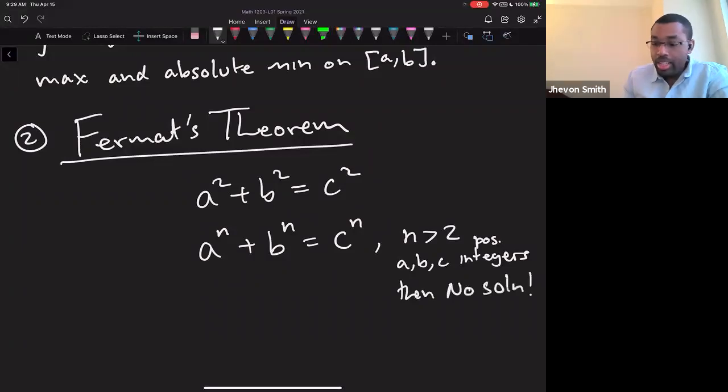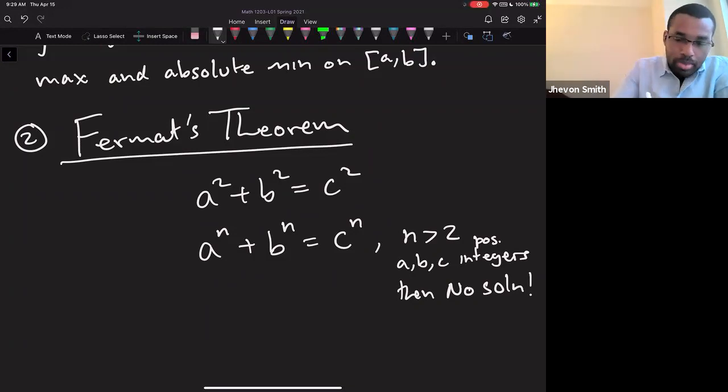It's actually impossible to find a triple. You know, like how we have 3, 4, 5 when n is 2? Such numbers cannot exist in the general case. So if you had a cubed plus b cubed equals c cubed, you cannot find integer solutions to that equation. Look forever, you will not find them. This was Fermat's last theorem.